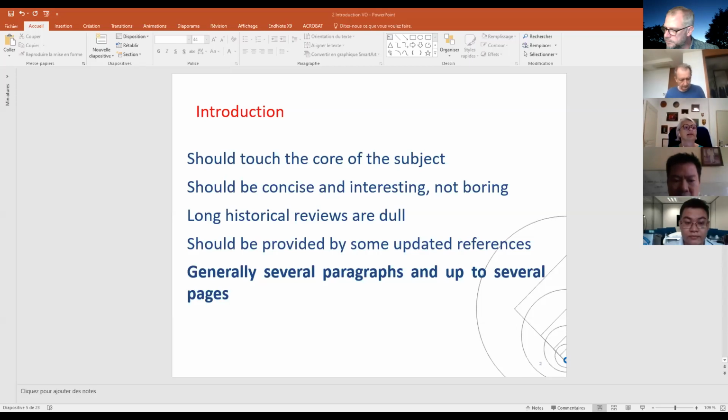So, in general, the introduction is several paragraphs to several pages. Now, in the article I showed you, it was 1 paragraph. In an article that is a little bit longer, maybe you would have 4 paragraphs. Sometimes a bit longer, but I think with 4 paragraphs you can present the background clearly because you can divide it up into the different sections.